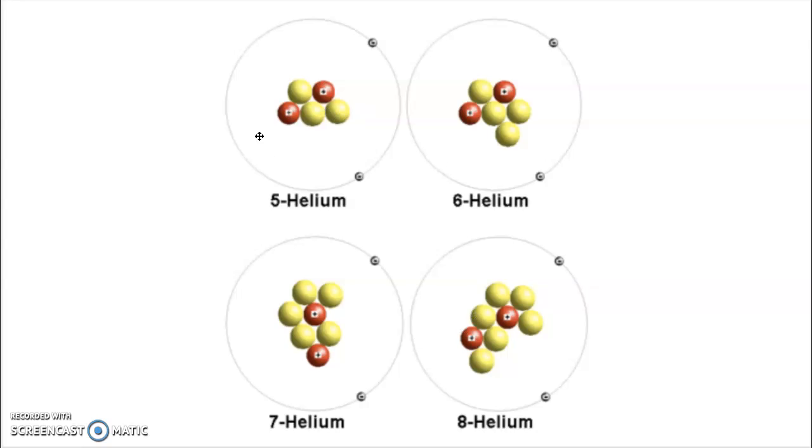And so the more neutrons I have, my mass number will be getting larger. In this case, helium has a mass number of 5 because I have 2 protons and 3 neutrons. I have mass numbers of helium of 6, 7, and 8. And that all depends on my number of neutrons. It's still helium regardless because we only have 2 protons in each. But my number of neutrons is changing.